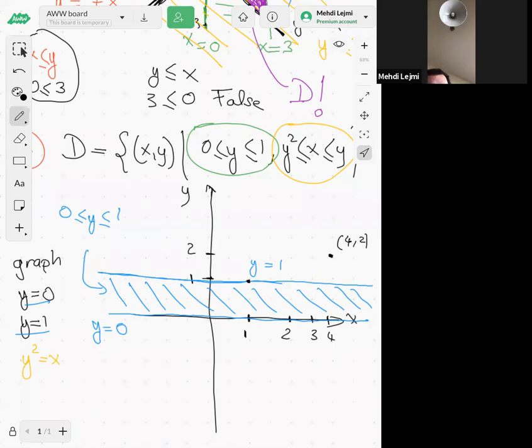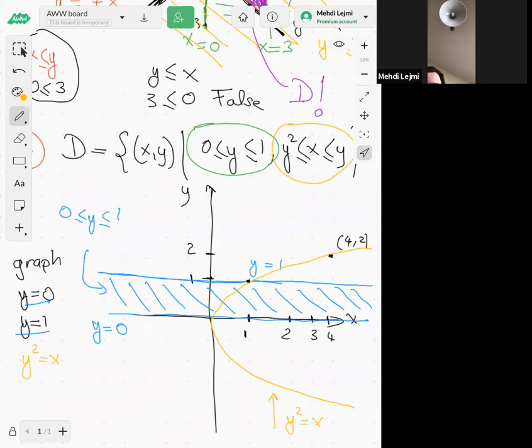Anyway, we're gonna have a parabola, right? Of course, as a function of y, not of x. So we're gonna have this parabola here. x is always positive, of course. All right, so this is the graph of y squared equals x, or x equal to y squared.